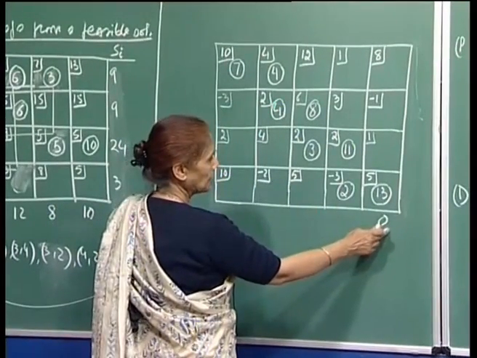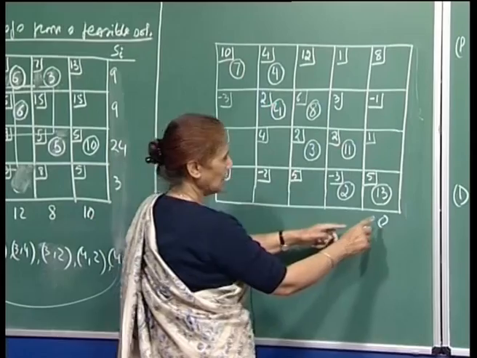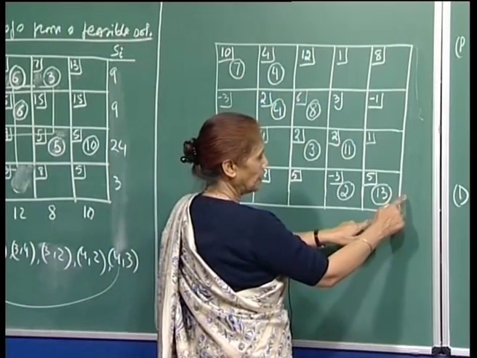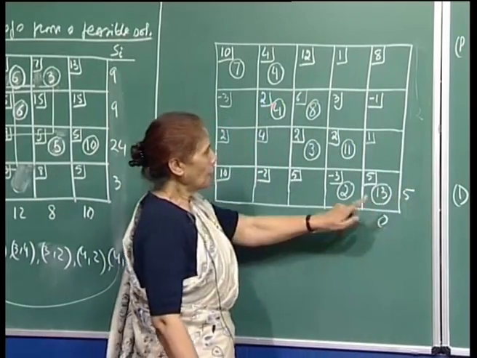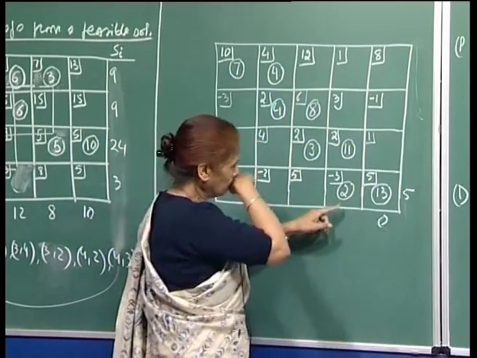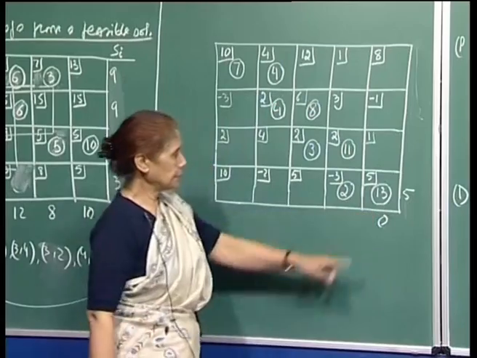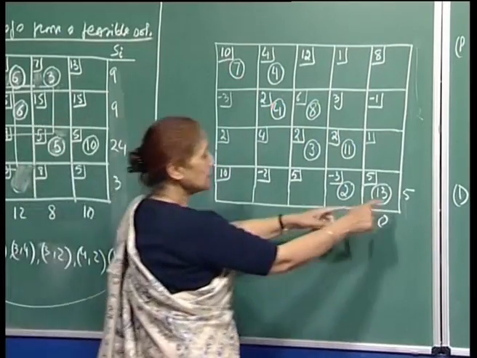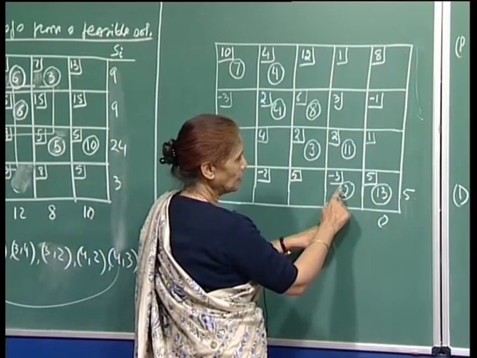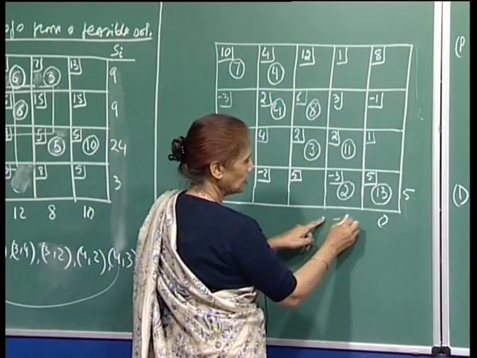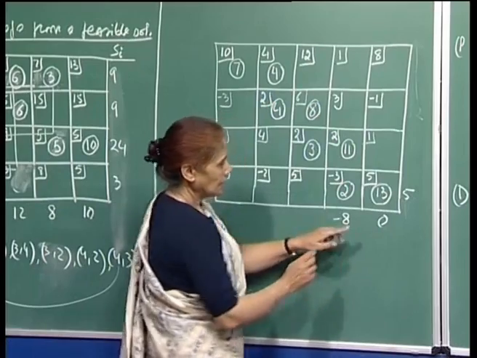Vn I am putting to 0, and immediately you see that since the sum of these two numbers should be equal to this, my u4 will be 5, right. Is it okay? Once this is 5, then remember the number here, this plus this must add up to minus 3. So, that means this should be minus 8. Is it okay?